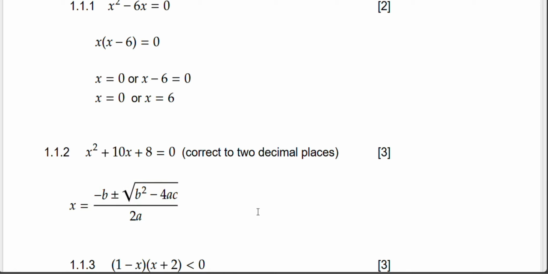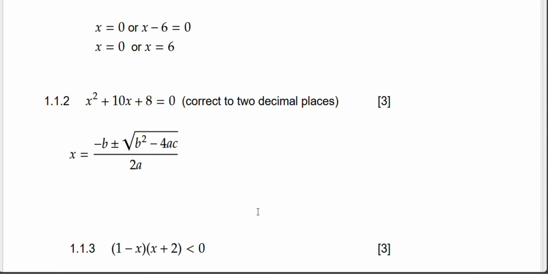So okay, here you need to know that our a value is what? It is the coefficient of x squared, which is 1. Then our b value is the coefficient of x, which is 10. And then our c is the constant, which is 8. So I'm not gonna solve this one, you just need to plug in the numbers and do the rest.